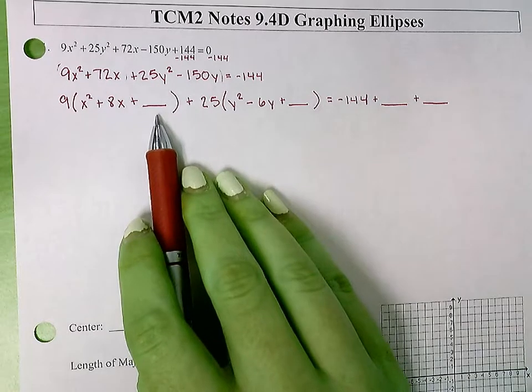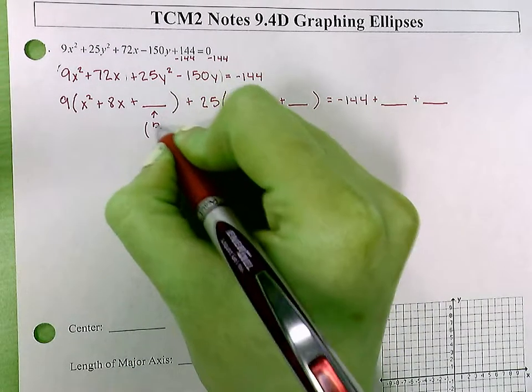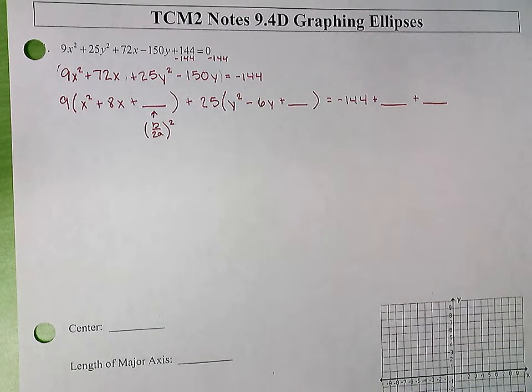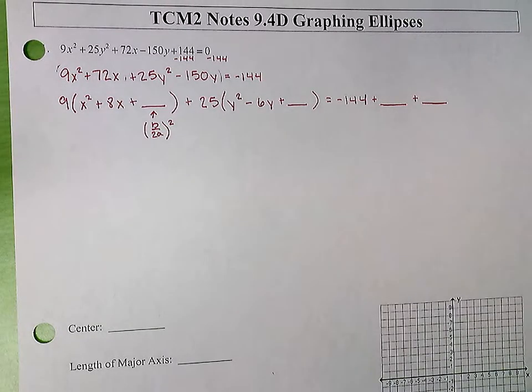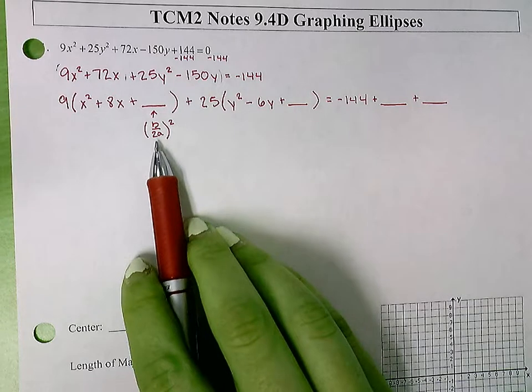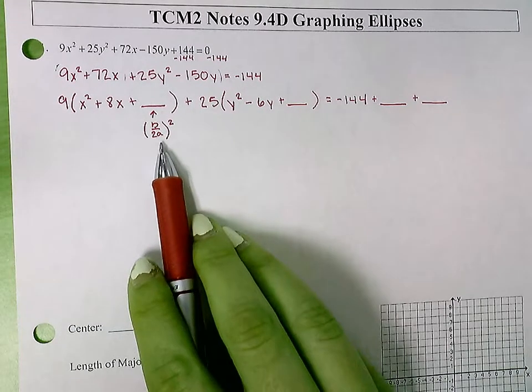Okay, so to get our number for completing the square, that's when we take b over 2a squared. So our formula for completing the square to find that final term is b over 2a squared.